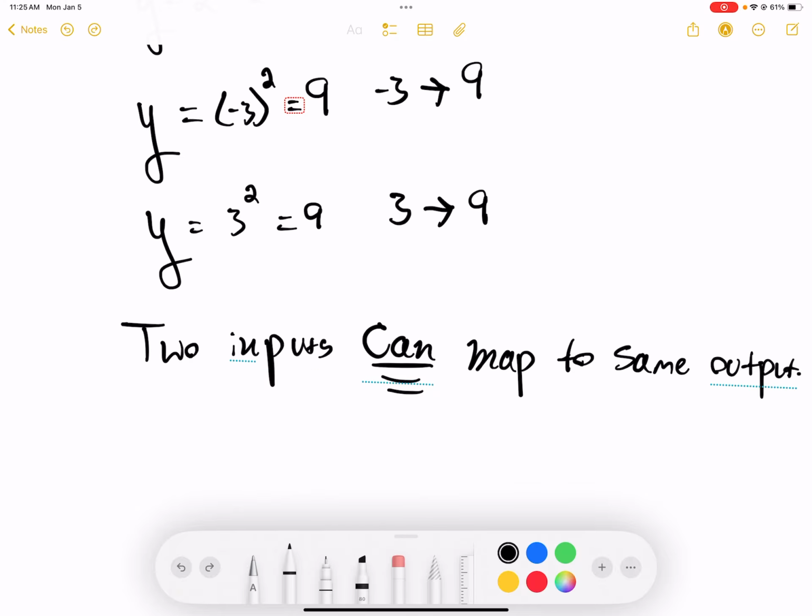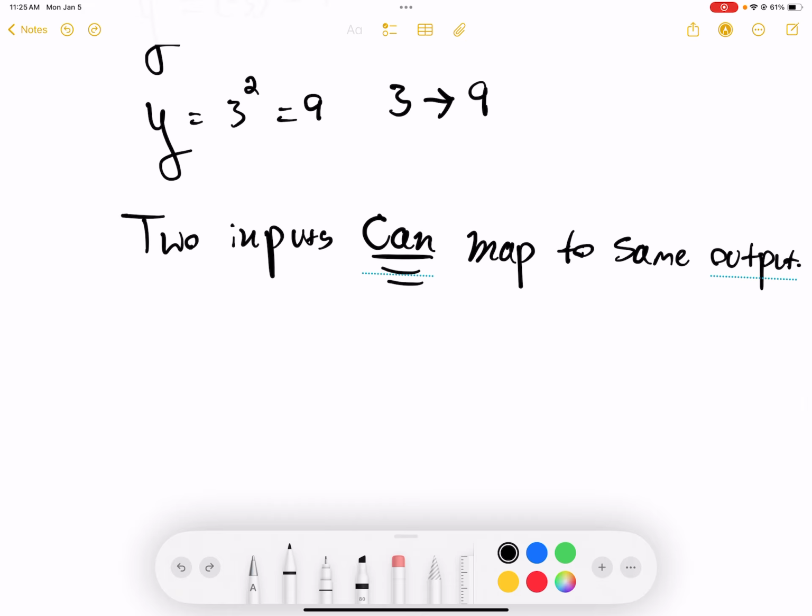input maps to two outputs, so let's say my function was y equals positive or negative x. Let's say this is my function, quote unquote function. Let's say this is my equation. This equation, if x is equal to 3, then y is equal to positive 3 or negative 3.